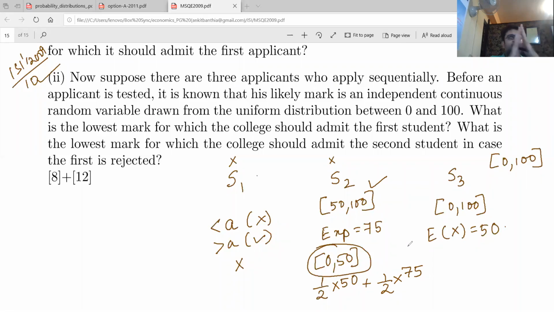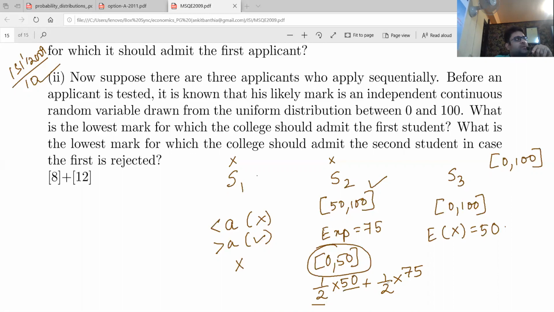Let me repeat. If I reject the score of the first student, I go on to the second student. The second student can get anything between 0 to 50 with probability half. And in that case, I will get an expected score of the third student, because I will be rejecting the second student also. So half is the probability that I will be rejecting the second and getting an expected score of 50.